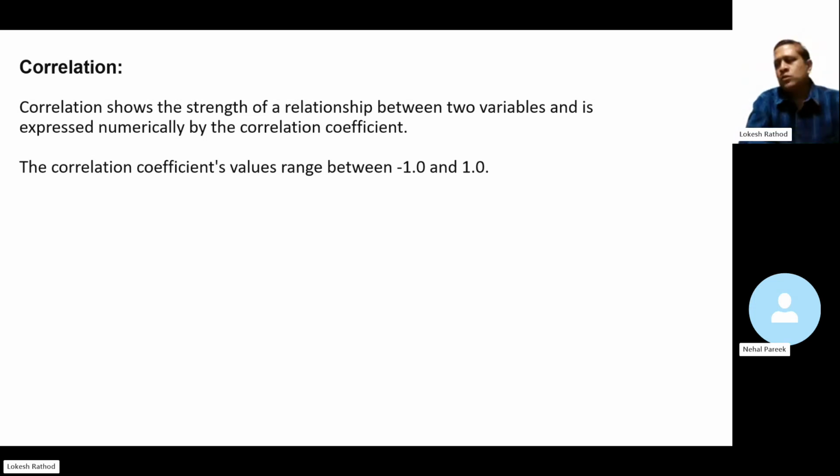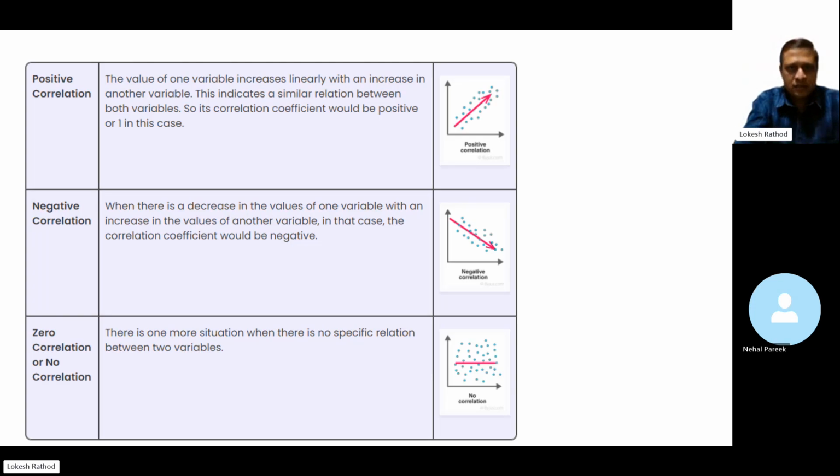So this thing, positive correlation. Positive correlation means if one value is increasing, the other value is also increasing, right? The value of one variable increases linearly with the increase in another variable. This indicates a similar relationship between both the variables.